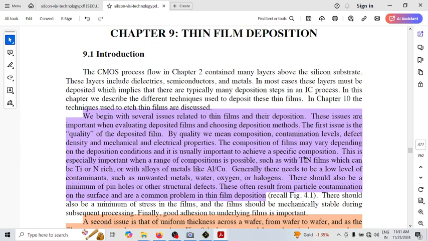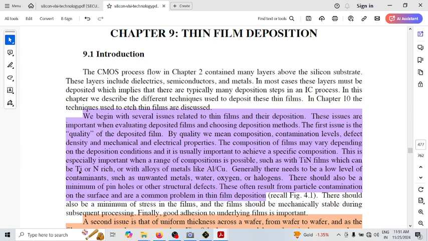So usually we know that whenever you are depositing a particular thin film, the thin film may not be of a single material. It can be a composition of one or two or various materials. So maybe we can take this titanium nitride film, which will have a certain composition of titanium and nitrogen.